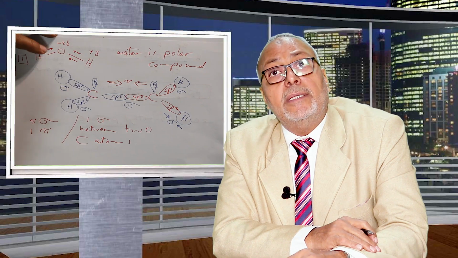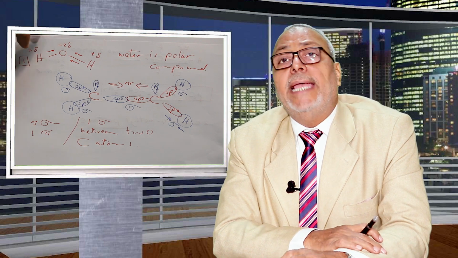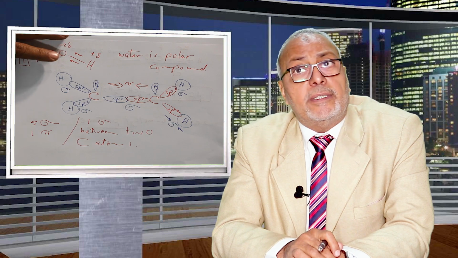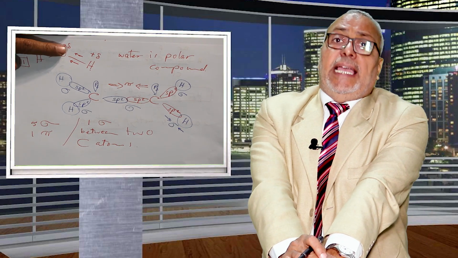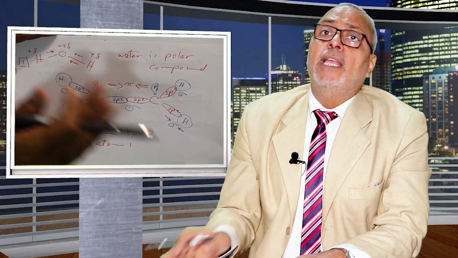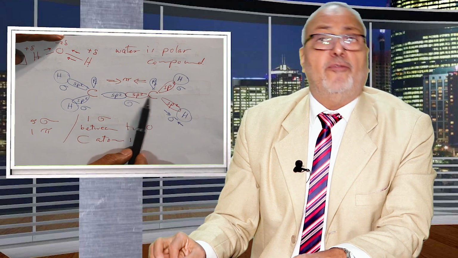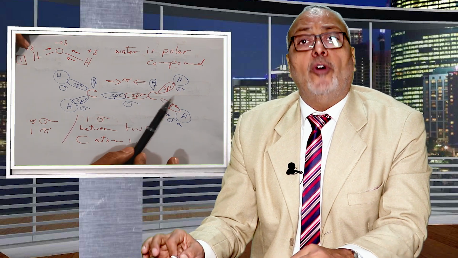This is very important, to know the difference between sigma bond and pi bond. We will repeat it and use these words when we explain the properties of alkanes, alkenes, and alkynes. Sigma bond is a type of bond that is difficult to break. It is formed due to overlapping head to head of orbitals.